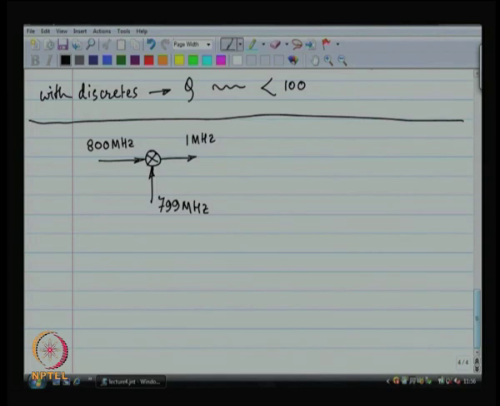Okay. So, this is typically what we do. We do not try to build this super filter at RF frequencies.